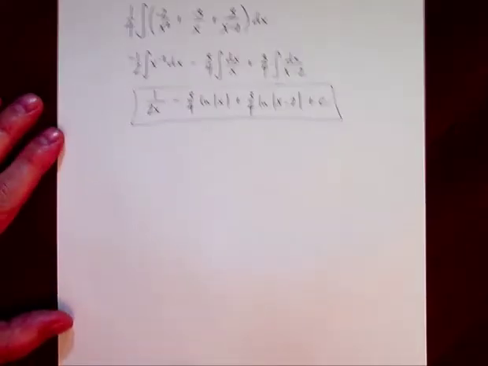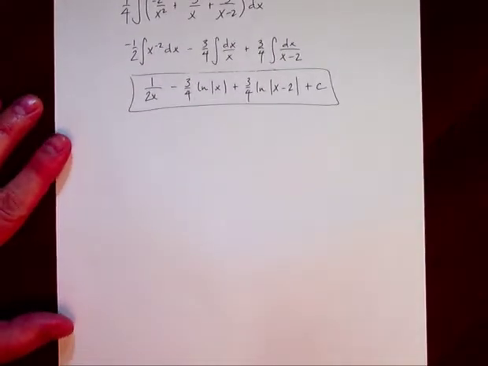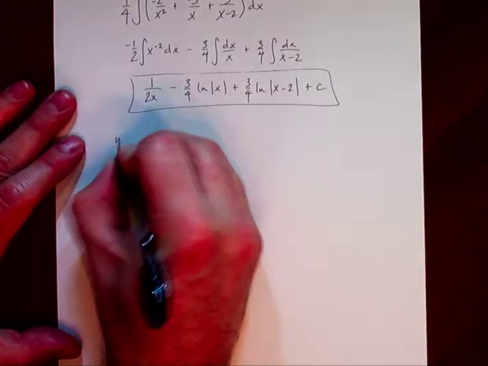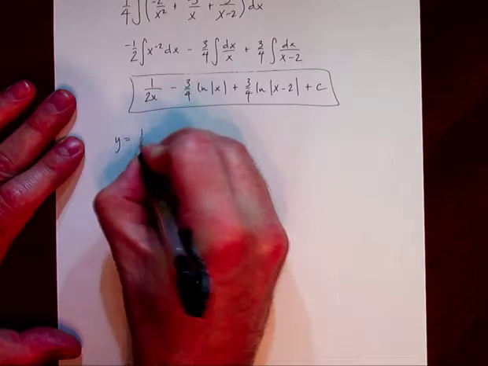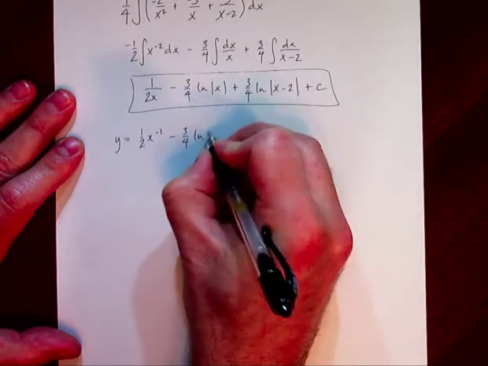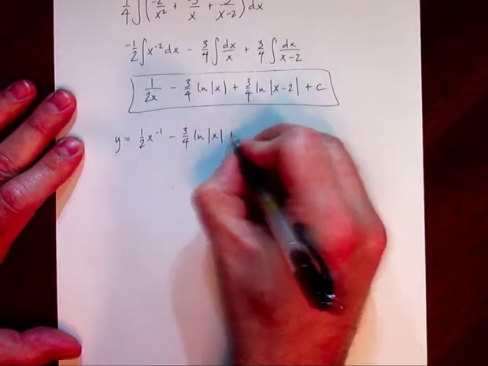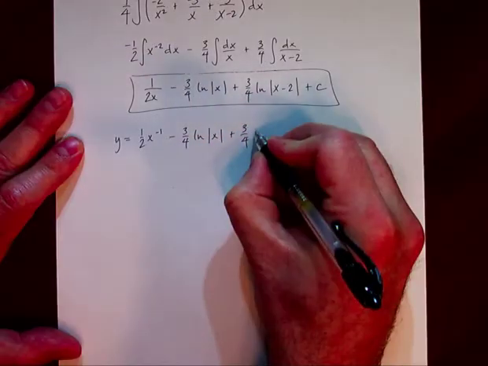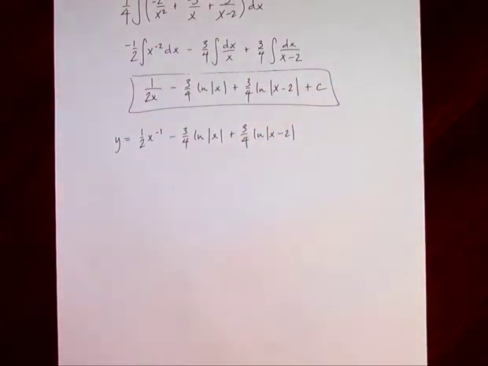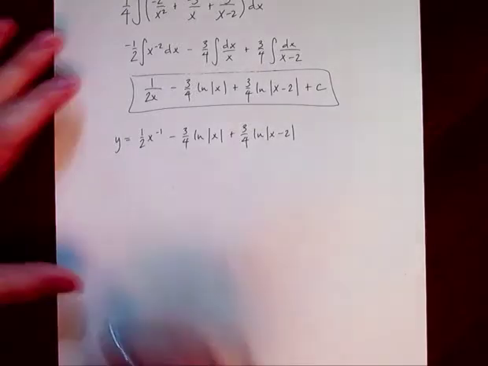Okay, and you're thinking to yourself, did we do that correctly? Well, let's see. If we basically want to check, I simply need to take the derivative of the answer. I'm not going to put the plus c because I know that the moment I take the derivative, the derivative of a constant goes away.